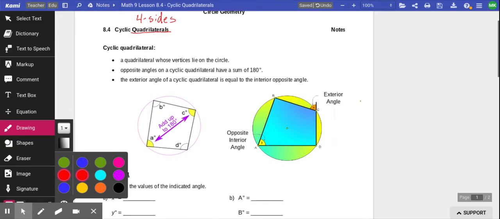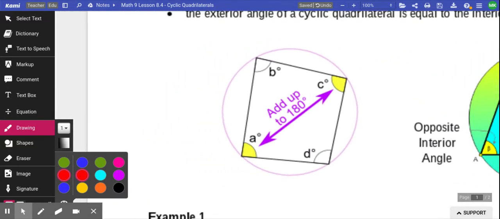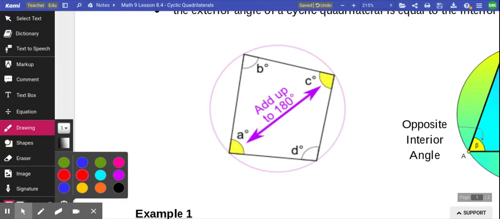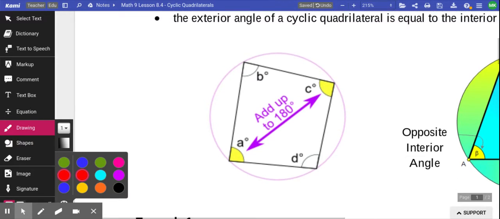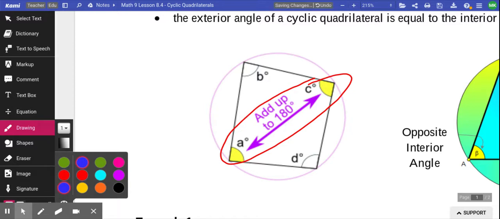So first rule, we've got two examples down here. We'll look at this first one. We have a circle, and then we have a quadrilateral inside of that circle. The first rule we're going to learn is that when you have opposite corners like this, and these are also opposite corners, those opposite corners must add to be 180 degrees.